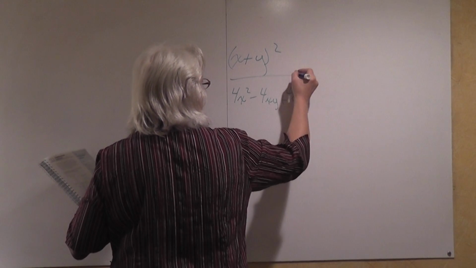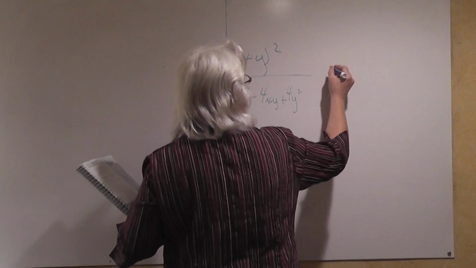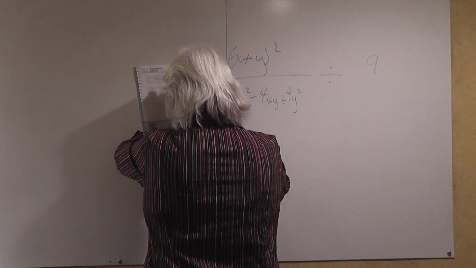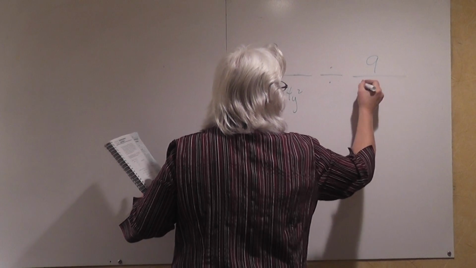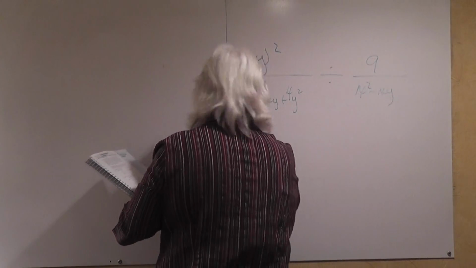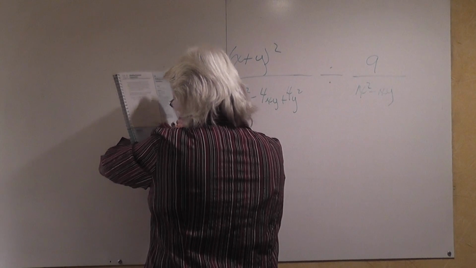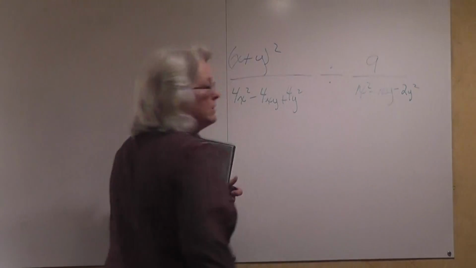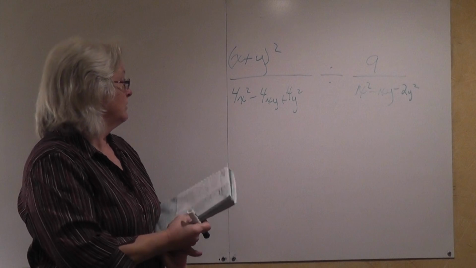Now I see a mistake already, but I'm going to leave it. Divided by, and I'll show you why, divided by 9 over x squared minus xy minus 2y squared. Okay, should I go ahead and factor?